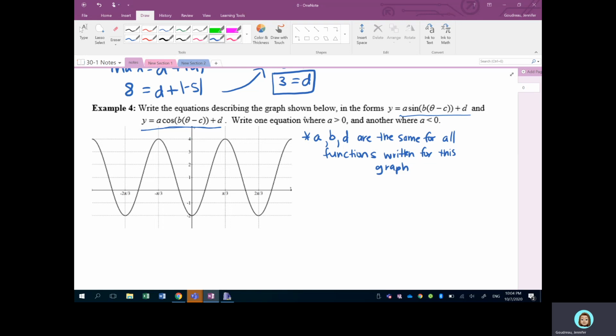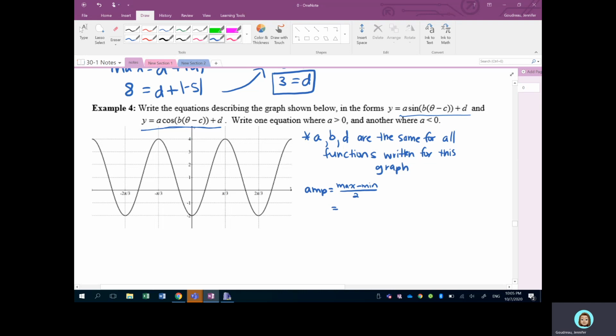So let's start off with what some of those values are going to be. Let's start with the amplitude. There are a couple of different ways that we can calculate the amplitude. We can use the formula that we wrote a little earlier in the notes, which is to take the maximum, subtract the minimum, and divide by 2.